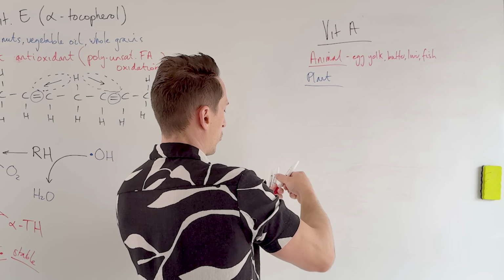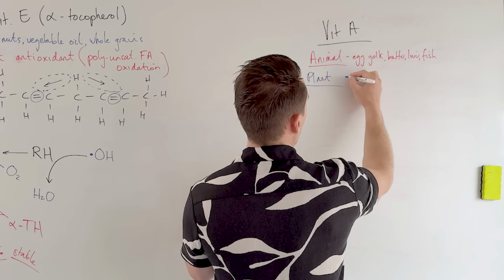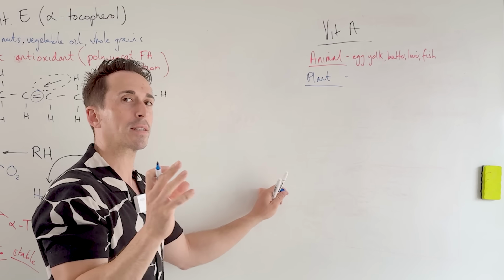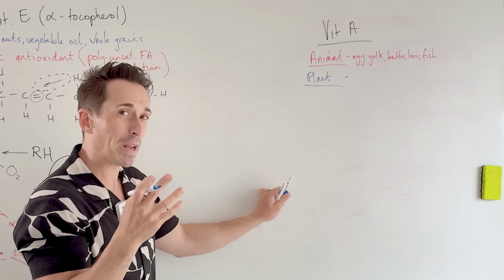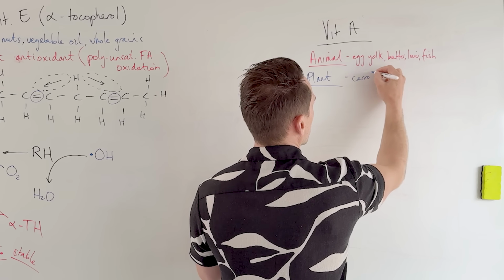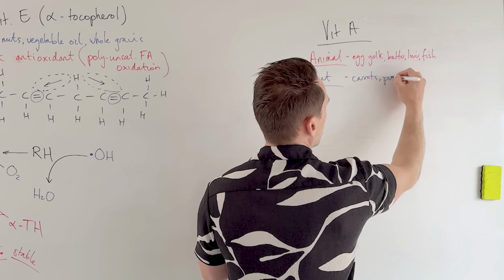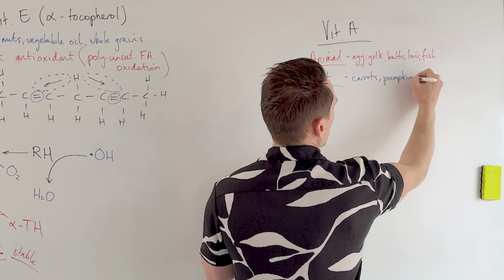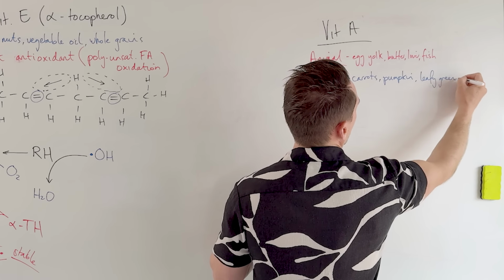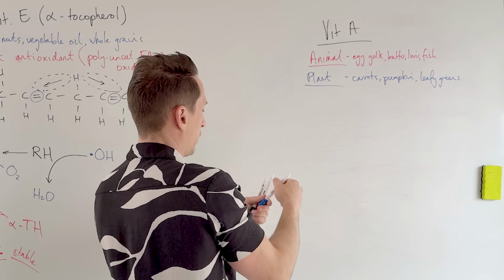The plant products, you can get it from basically the plant products that have a yellow or reddish or orange coloration to them. So think about carrots, think about pumpkin, but you can also find it in your leafy greens as well. Now, what's the difference between these two vitamin A's?